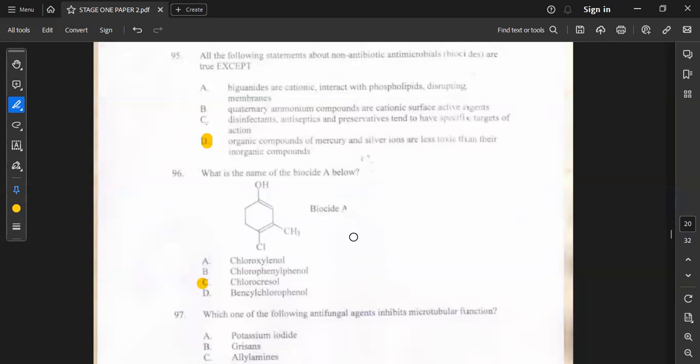So when you compare with the cationic, the anionic, and the zwitterionic, the non-ionic are the ones heavily used in pharmaceutical formulations.